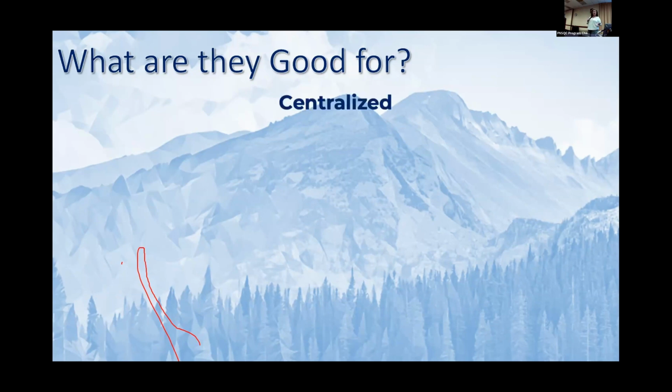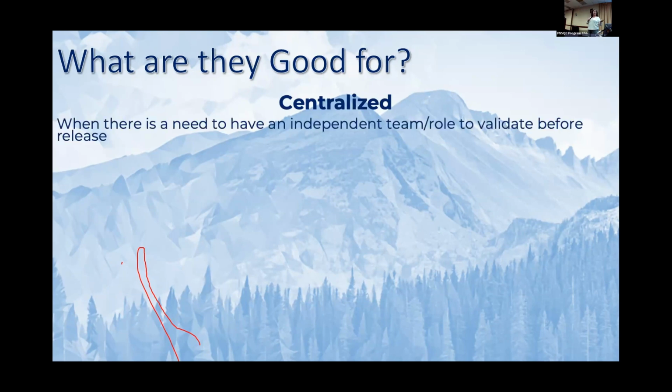So let's talk a little bit about this. So centralized. When there's a need to have an independent or team role validated before release, if you're in a highly regulated industry, finance, medical devices, anything like that, especially if there's a need for third party validation, the centralized approach might be the right approach for you.